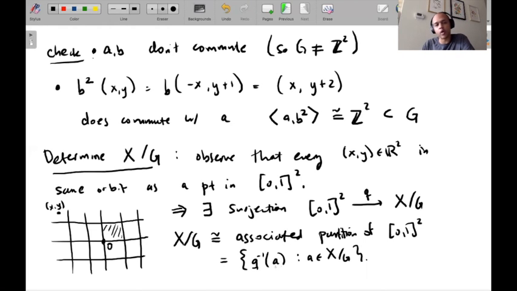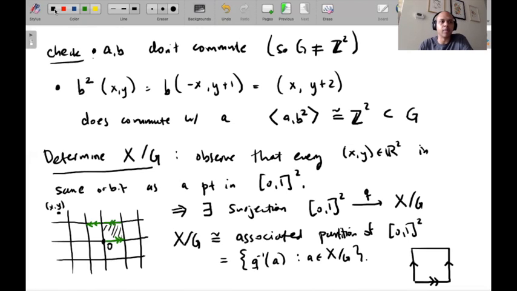The only case is the orbits of points that are along the boundary. And what we find is that A identifies the left edge with the right edge of the unit cube. Under B, this bottom edge gets sent to this edge, and then by applying A, we can send that to this edge.